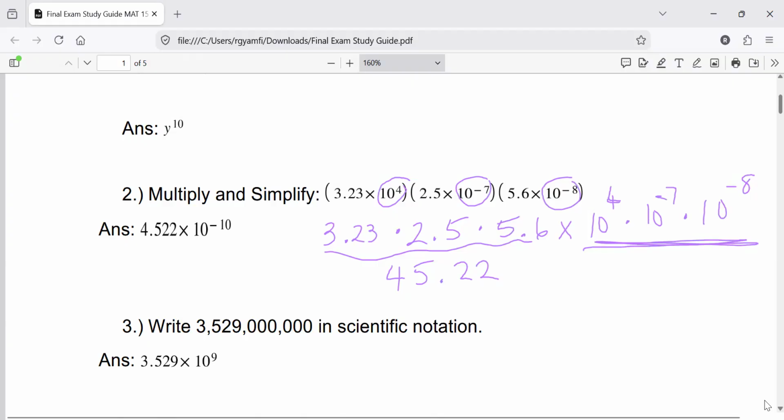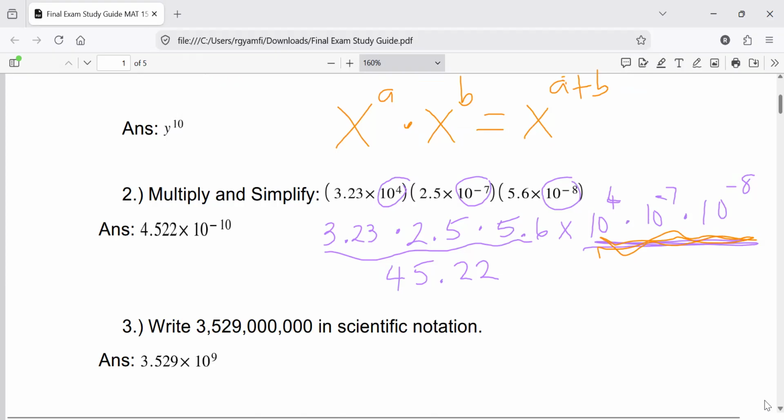I've got 10 to the power 4 times 10 to the power -7 times 10 to the power -8. From rules of exponents, when you have exponents with the same base multiplying, the rule says add the powers, or add the exponents.